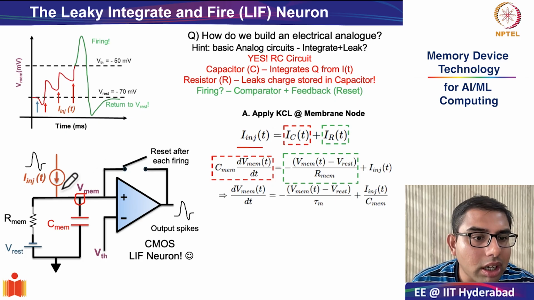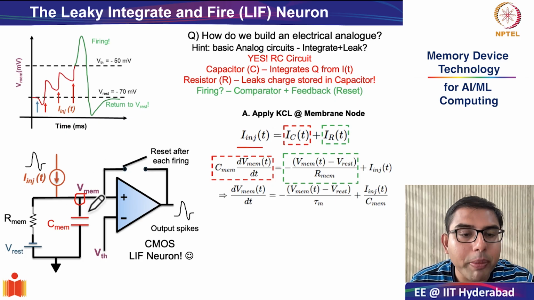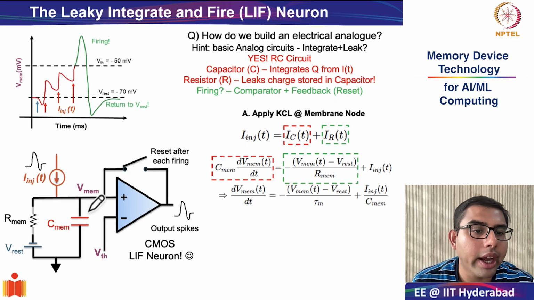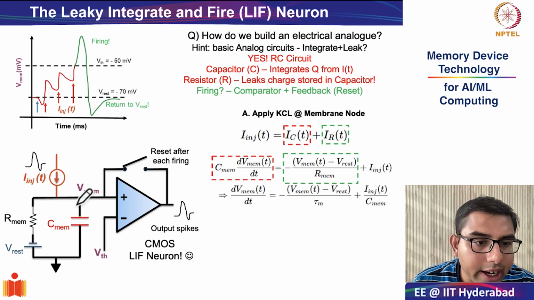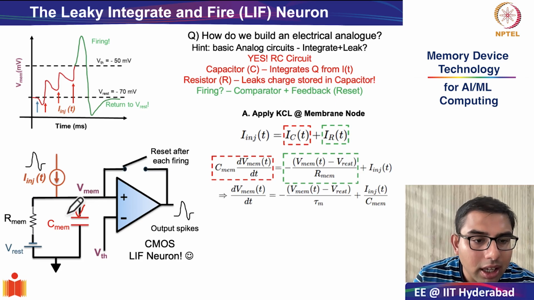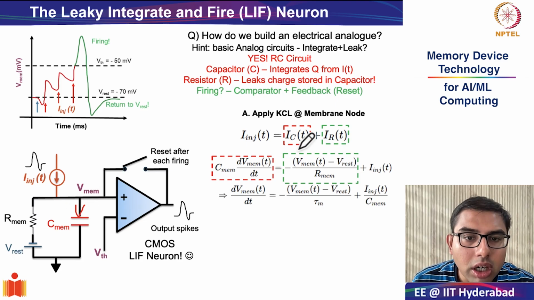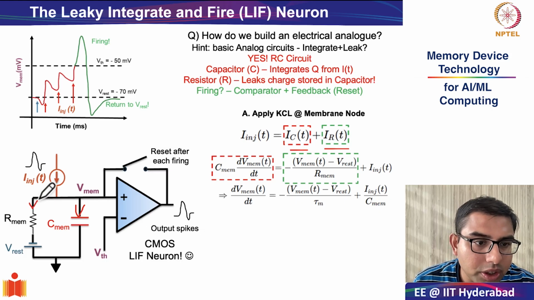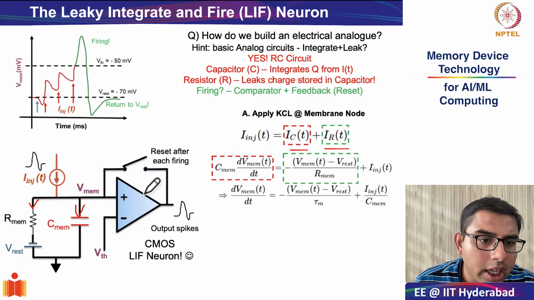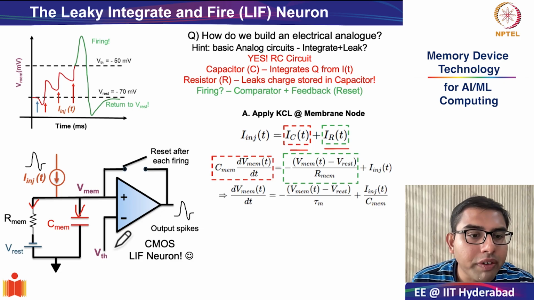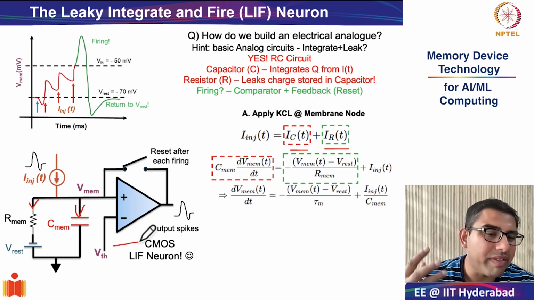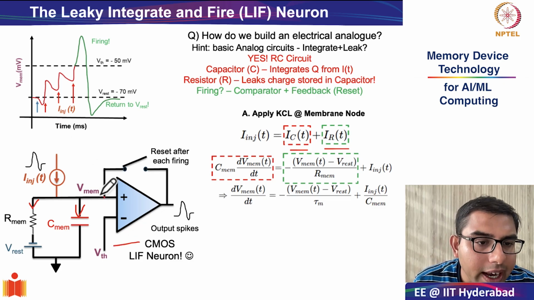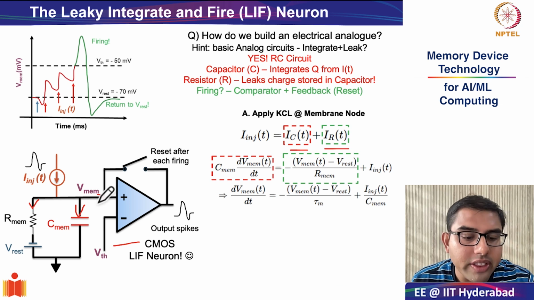This injected current is subdivided into two components: the current flowing through the capacitive branch, and the current flowing through the resistive branch. Since the input resistance of a comparator is generally very high, we consider that no current flows in this direction.